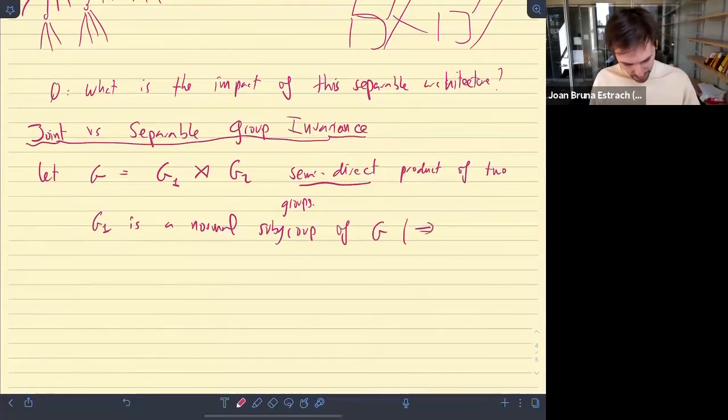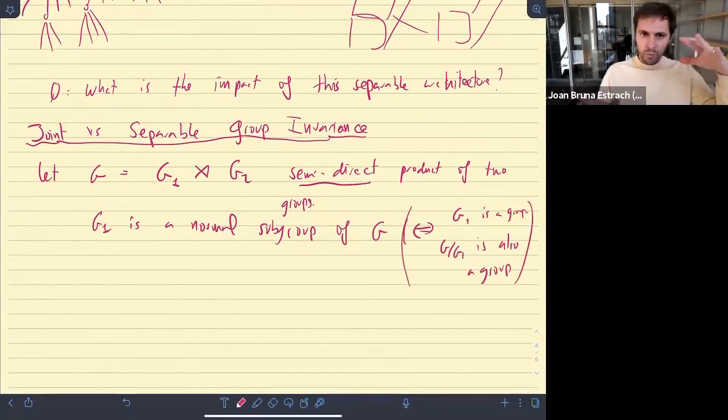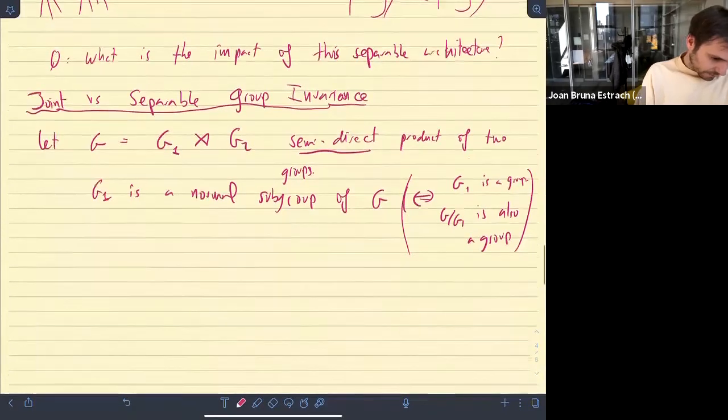So G1 is a group, and the quotient group is also a group. I'm factorizing a group in a way that each of the two factors themselves have a group structure. That's what the semi-direct product means.